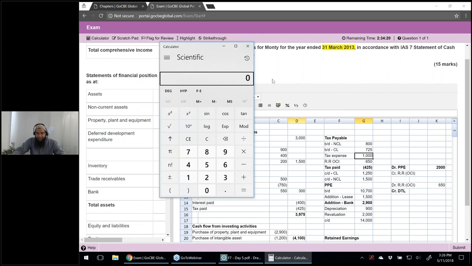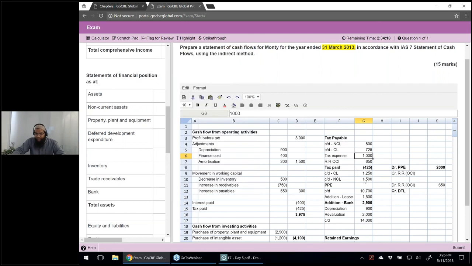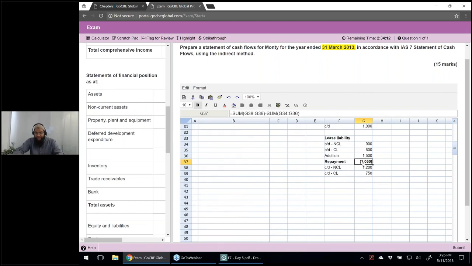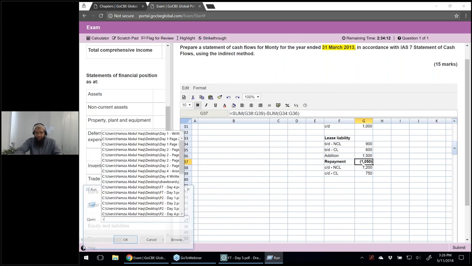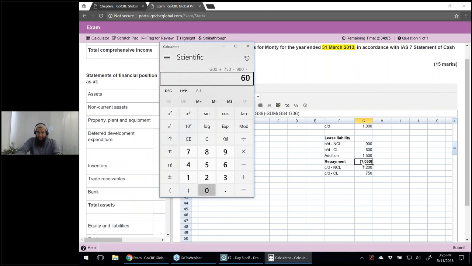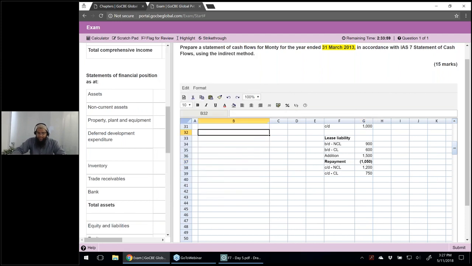So this is also okay. Apparently there is no error. Let's check the lease liability T account. It's 1200 plus 750 minus 900 minus 600 minus 1500. So the values are okay.